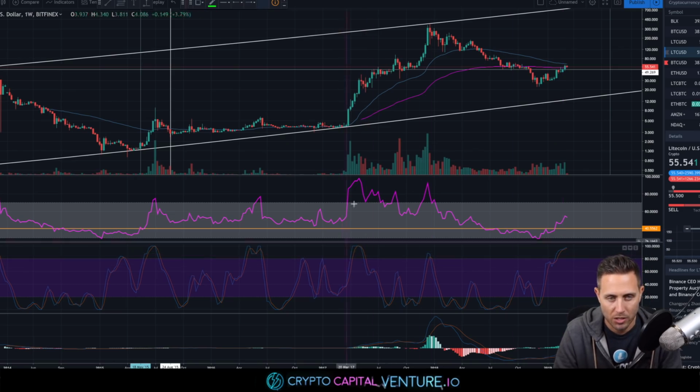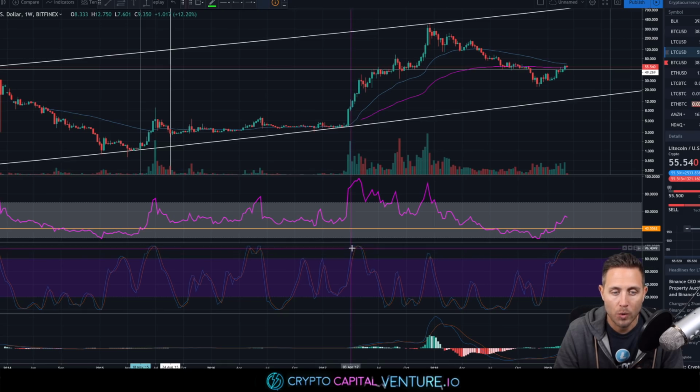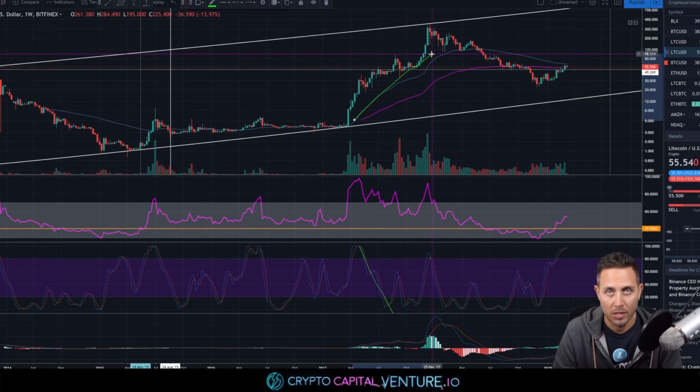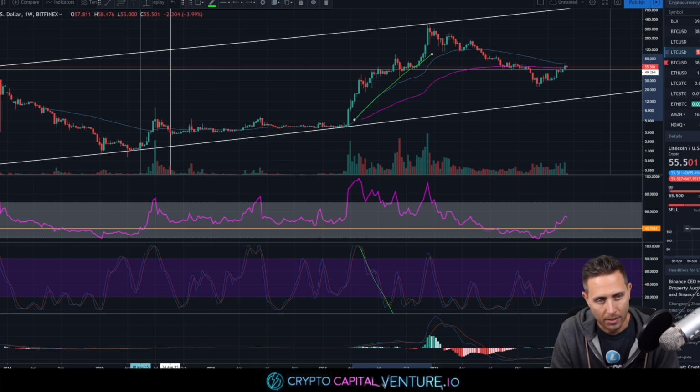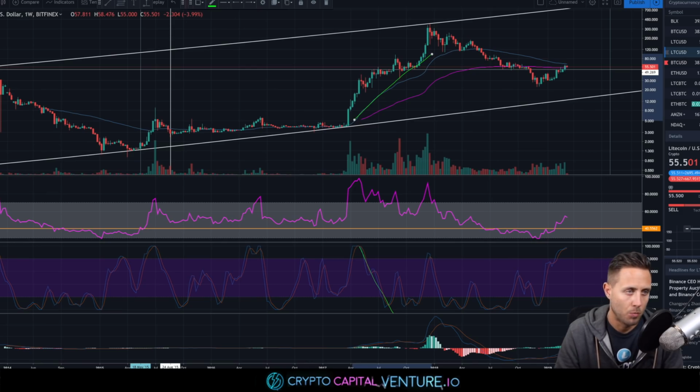If you go back to when Litecoin really started making some moves in March 2017, around 2 years ago, at $3, $4, you can see that even though we got high into that overbought area on the stock RSI and then bounced all the way back down, you can see the divergence in Litecoin along the way, still making higher lows and just continuing the upside. So be careful when you're looking at the stock RSI. I definitely say the RSI, this middle, slower moving oscillator on my screen, is way more effective in giving you an idea of what Litecoin's doing.